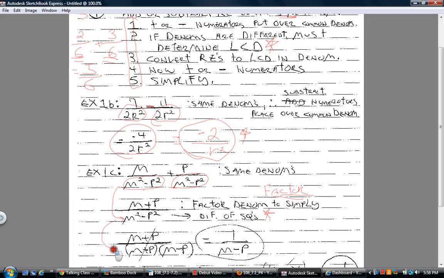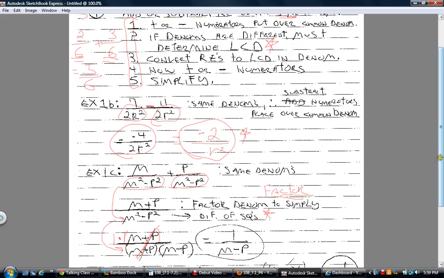Now that you've factored, you find that m plus p is in both the numerator and the denominator, so it cancels out because it's equal to 1, and you're left with 1 divided by m minus p. If you wonder where that 1 came from, there's always a built-in automatic coefficient of 1. 1 times anything does not change the value.